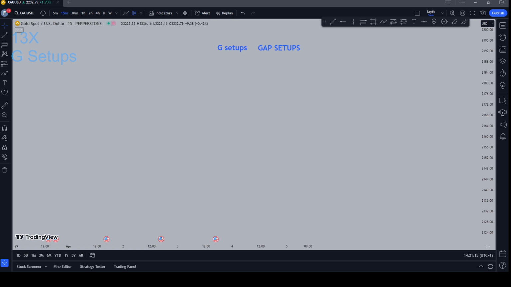So, the first thing we learned is the levels we use. We have four levels.